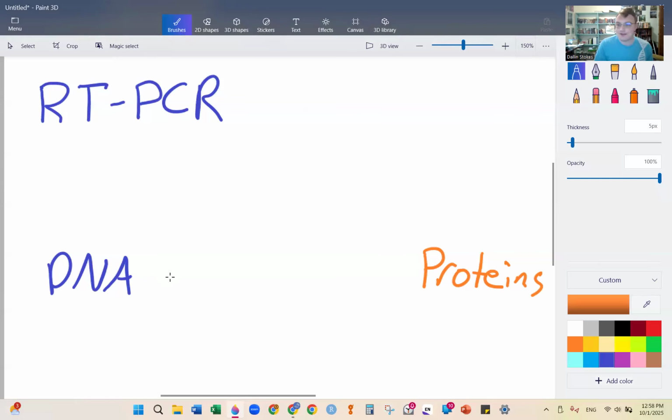So the way that the cell makes proteins from DNA, there's an intermediate step because the DNA is locked inside the nucleus. And we don't want to take it outside of the nucleus where proteins are manufactured.